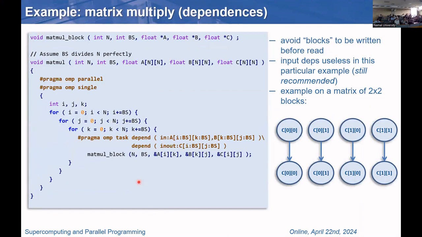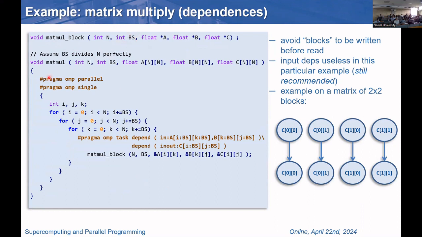Okay, so here we have an example of matrix multiply with data dependencies. You have a matrix multiply block, which actually multiplies a block of BS by BS elements.